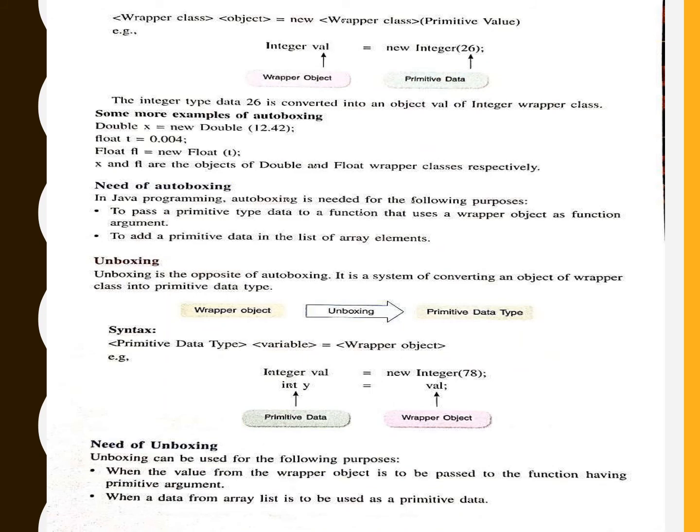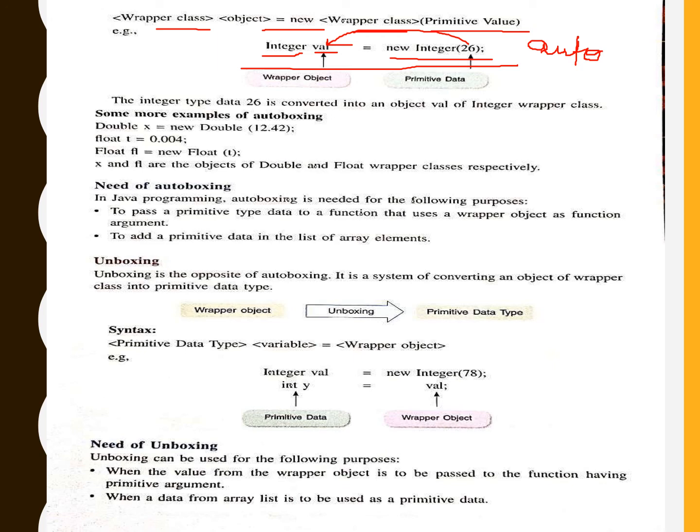How can it convert? See here. Wrapper class, object name = new wrapper class(primitive data type). Integer val = new Integer(26). So it will convert the 26 into the object data type. So this one is known as auto boxing: the automatic conversion of the primitive data type into a wrapper class object.